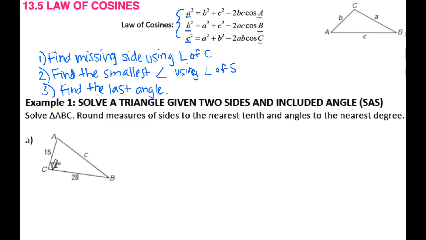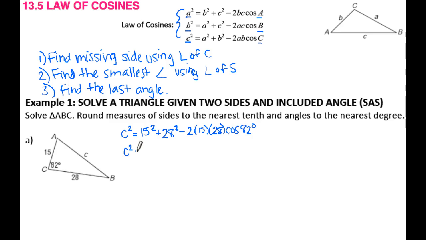Okay, so over here we do not have an angle and its corresponding side, because otherwise we could use the law of sines. So I'm going to go ahead and start to solve for side C. I have C squared equals my other two sides squared, so 15 squared plus 28 squared minus 2 times my other two sides, and then cosine of my angle, which in this case is 82 degrees.